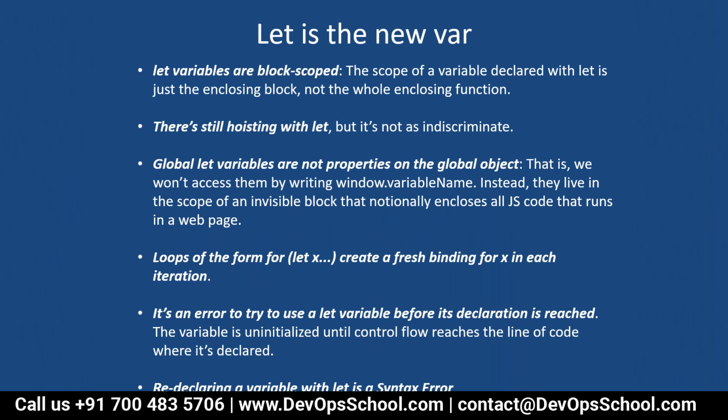So as I said, let is a keyword introduced here, and if you declare a variable with let, it becomes a block scoped variable. If you want to explore more on hoisting and how it works in JavaScript, you can explore it more.